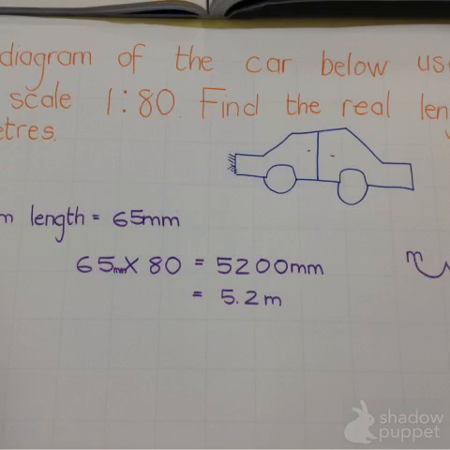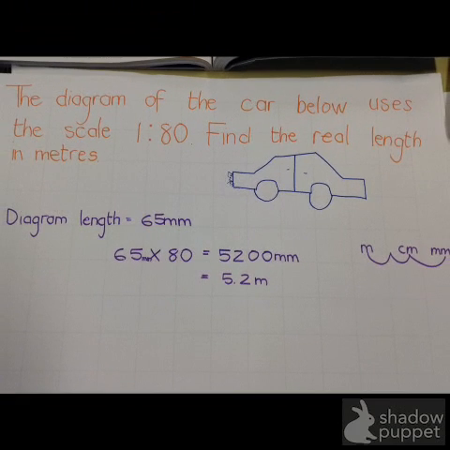In the next question, they're going to say, write the diagram of the car. So now we're looking at a real thing. You're going to get some pictures, and please ask me for them because I photocopied them, where you're going to have to measure a few things. This diagram of the car, the beautiful car that I've drawn here, uses the scale of 1 is to 80. Find the real length.